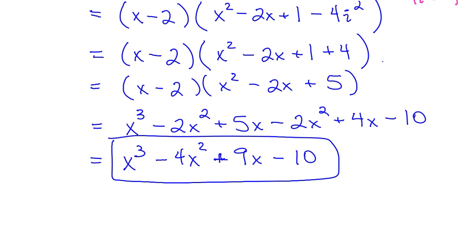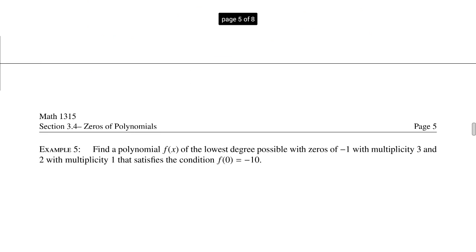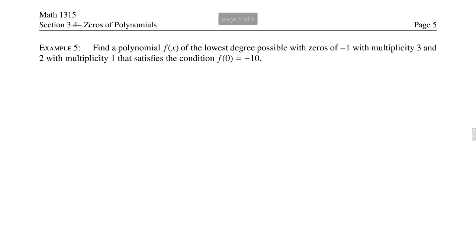Let's look at example 5. Find a polynomial f of x of the lowest degree possible with zeros of negative 1 with multiplicity 3 and 2 with multiplicity 1 that satisfies the condition that f of 0 must be equal to negative 10.